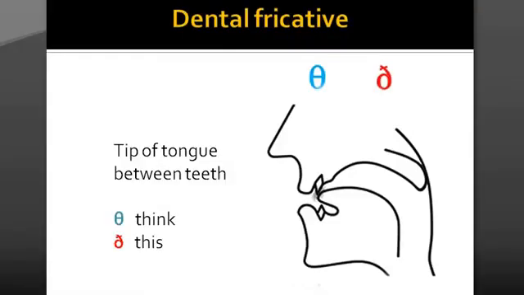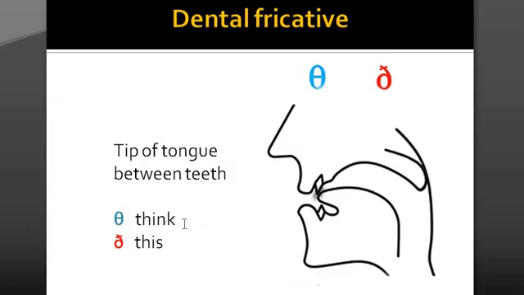Let's have a look at that again. These are a consonant pair. The think sound is voiceless. It has no vibration. The sound in this is a voiced sound. It has vibration. So, think, this. Now notice something. Both of these words have the letters TH.